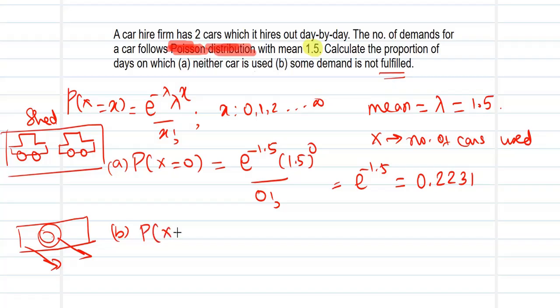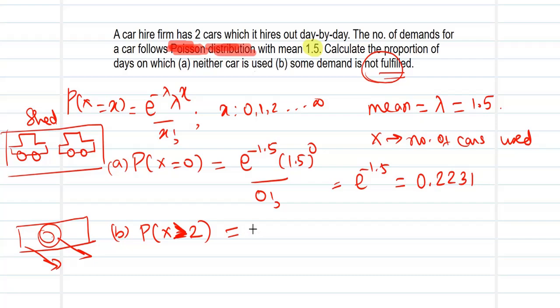In which case the probability is x, the demands, is going to be more than 2. You don't fulfill them because the number of demands you get is going to be more than 2. The number of cars used is already 2. So if the demands are more than 2, you are not fulfilling the demands. So keep it in mind.